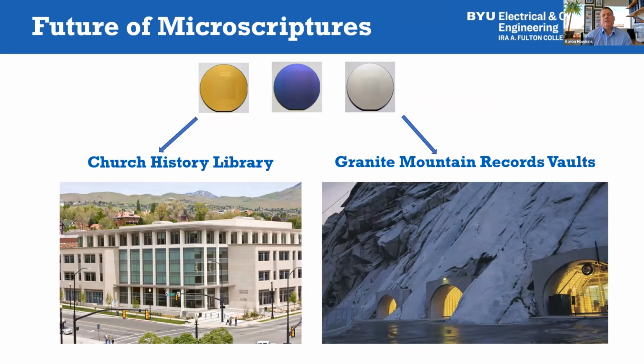And then they sent copies to the Granite Mountain Records Vault. And so they will be stored with all the other records of the church in Granite Mountain at some point. So maybe, you know, they will be seen many years from now, and we'll see.